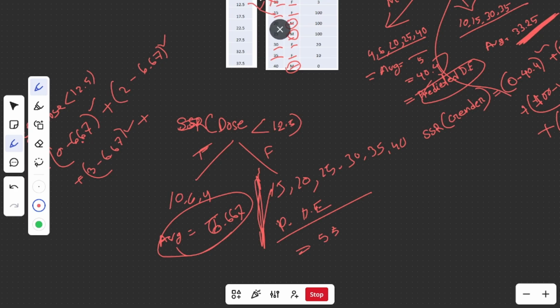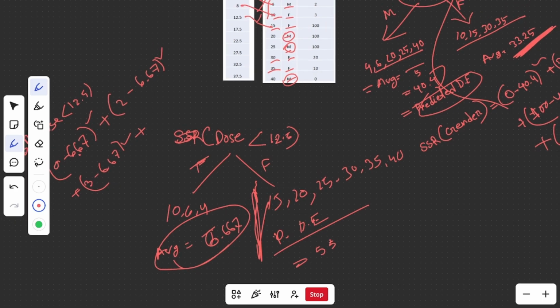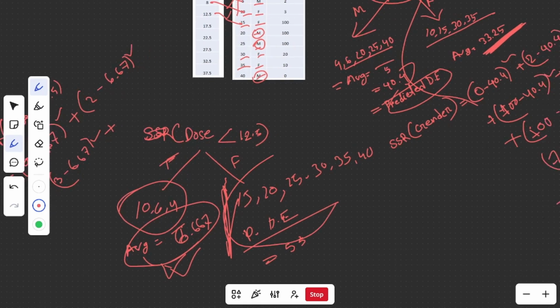Like if we are working with these values, then we have to take this average, and if we are working with these values, then we have to take this average.